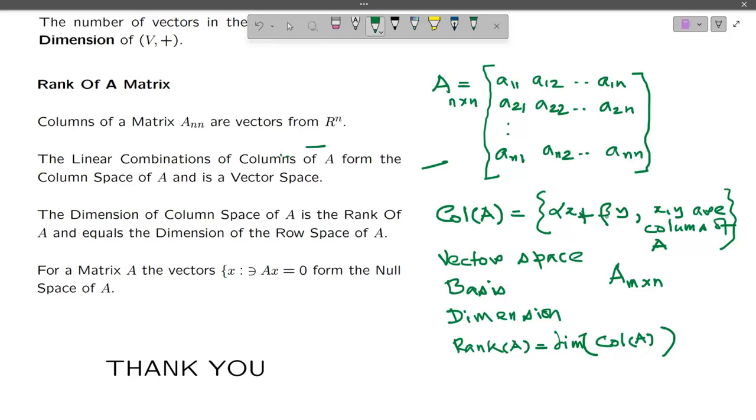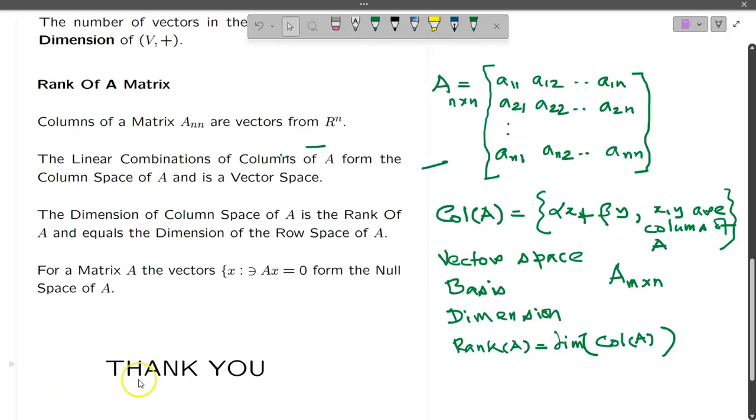And if the rank of A is less than n, then the matrix is singular and it cannot be inverted. If the rank of A is full, then the matrix is non-singular and it can be inverted. So that's the definition of rank of A in linear algebra.